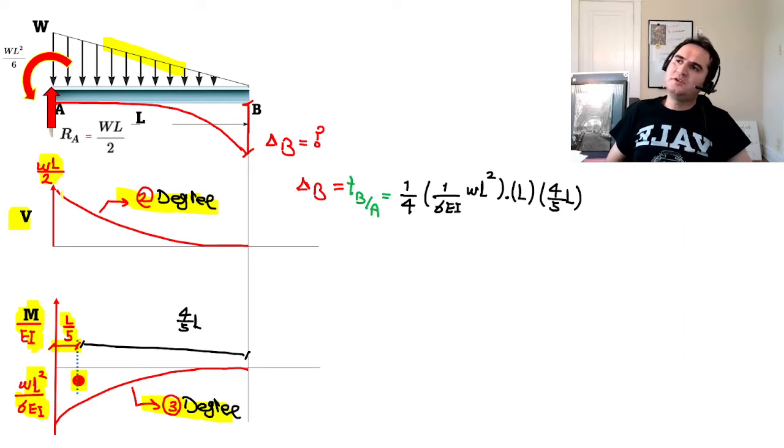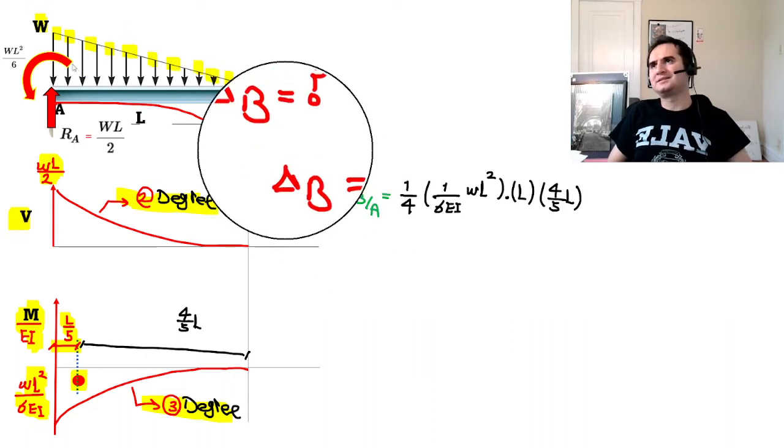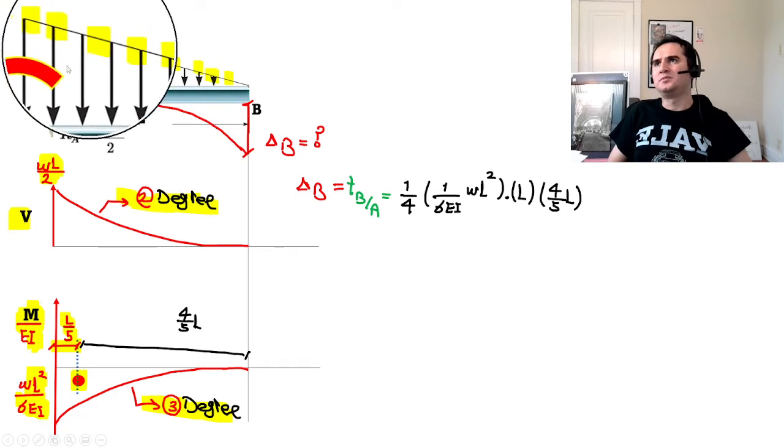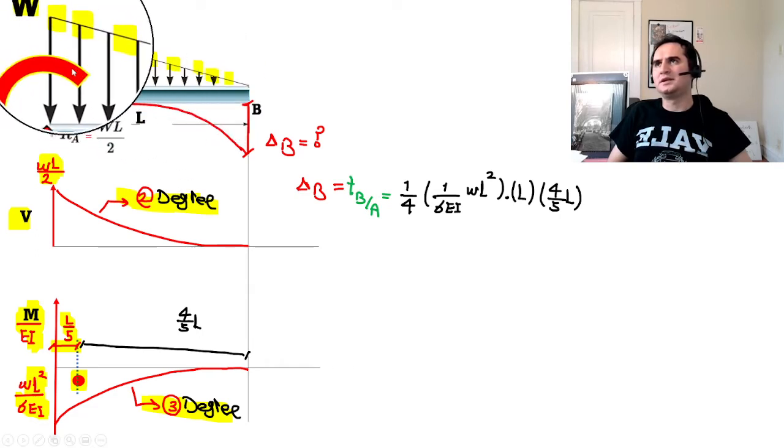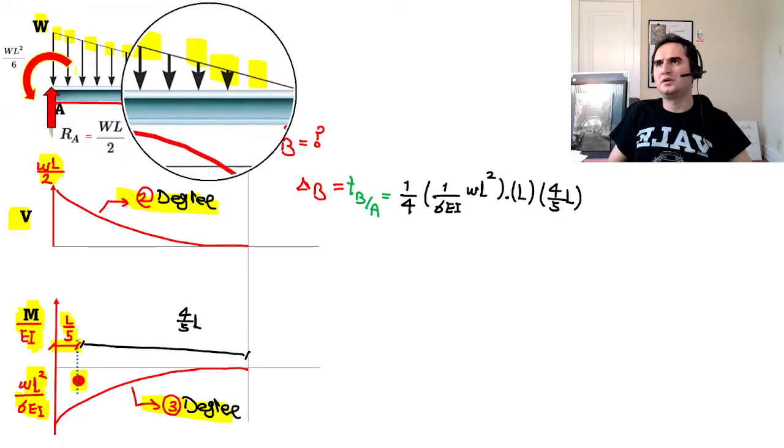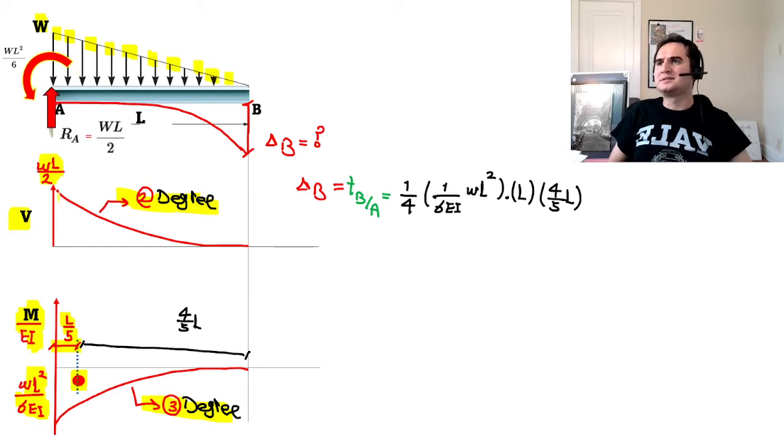For drawing shear and moment, the point is you need to look at the pattern. Let me make it clear. The numeric value of load is decreasing in the load diagram, as you can easily see. So it means the slope of shear should decrease.